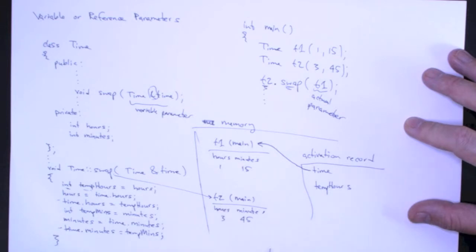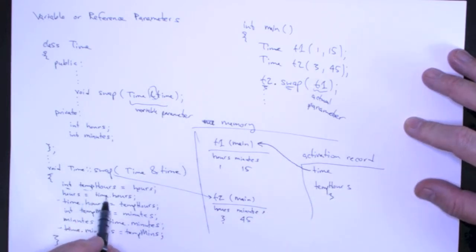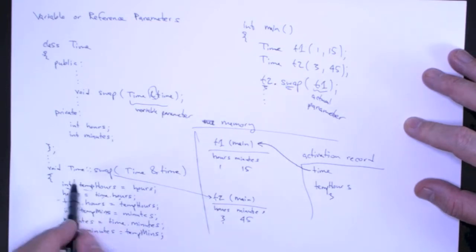So the reference to hours evaluates to 3. So I'm storing 3 in temp hours. And now I'm taking time hours, the parameter time hours, which is 1, and I'm storing that in T2's hours.